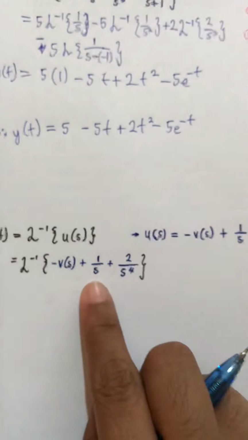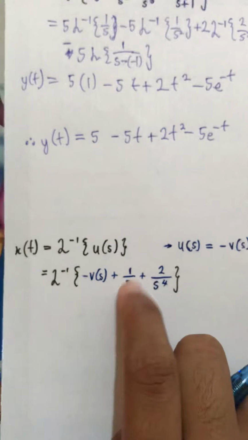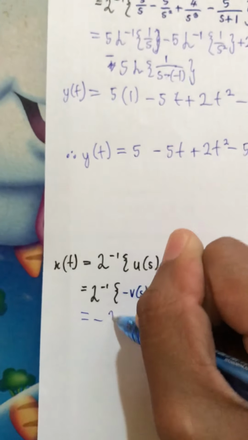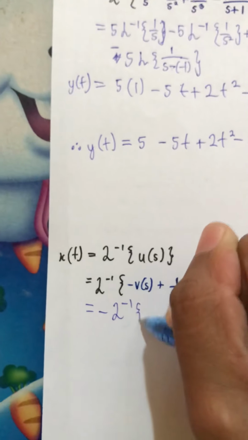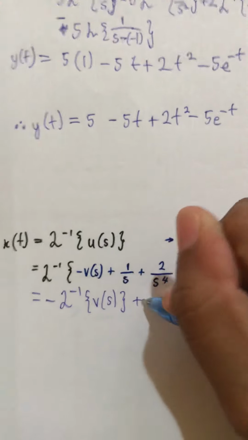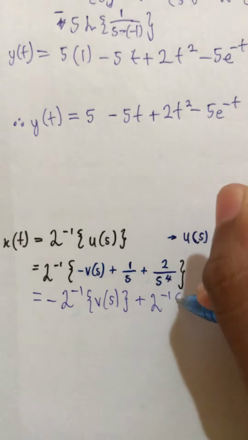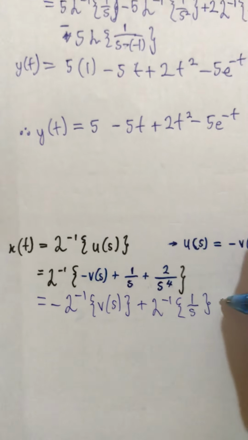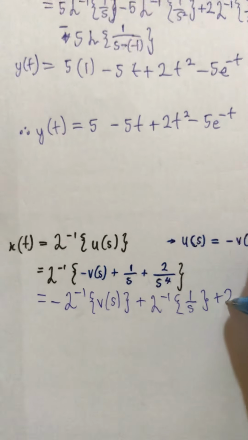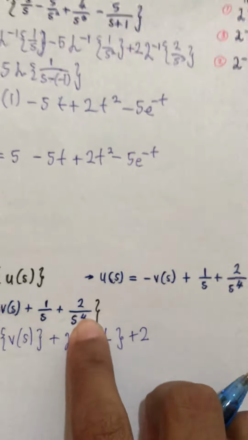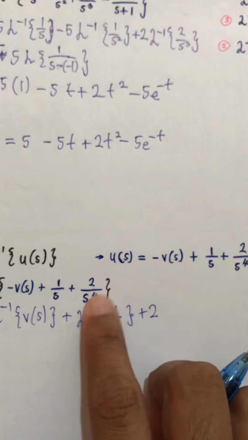So we just take the inverse Laplace transform of Us, and this part we can separate. So minus inverse Laplace of Vs, plus inverse Laplace of 1 over s plus 2 over s to the 4. Note here we have to modify this part to get the inverse of Laplace transform.